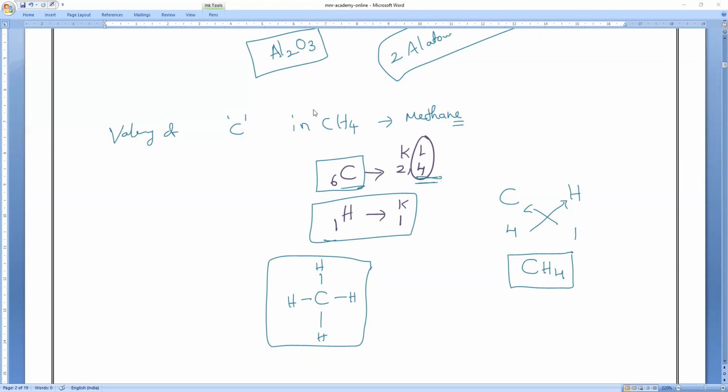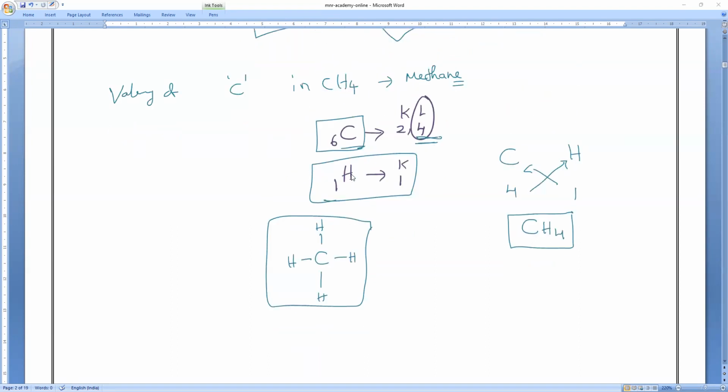Any doubt, please let me know. Whatever the element is donating, receiving or sharing electrons, it is only to become stable in nature. That is what you have to remember.